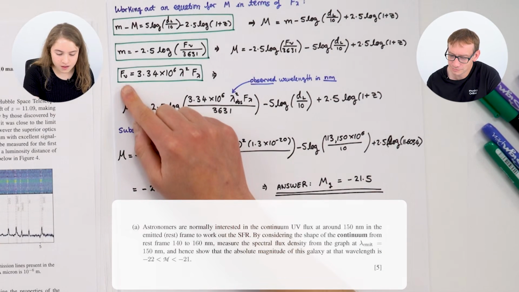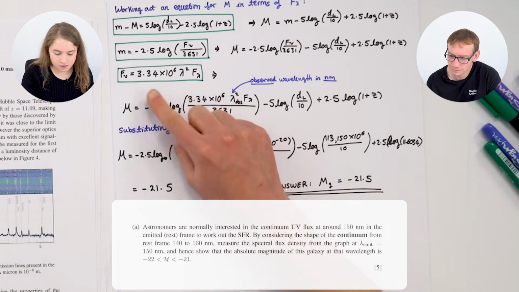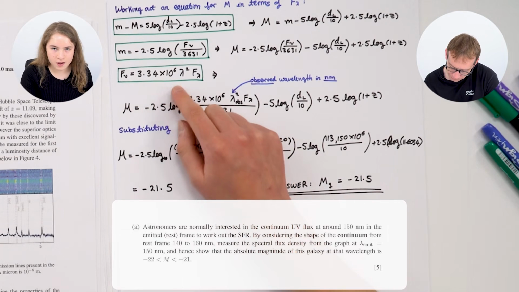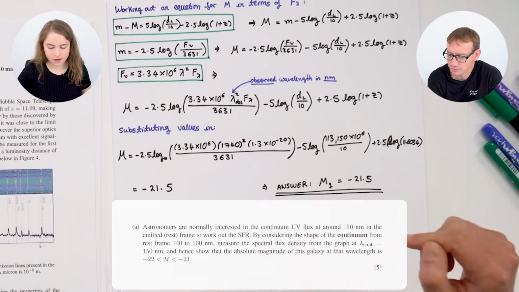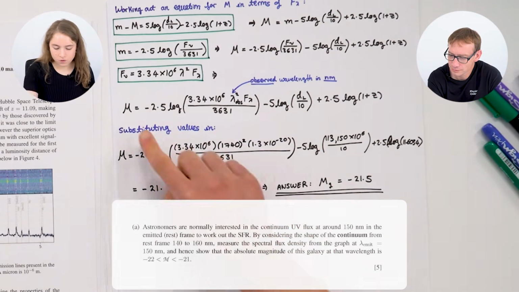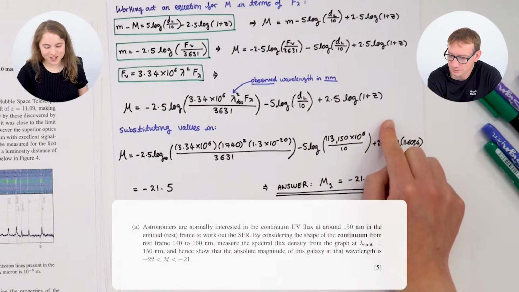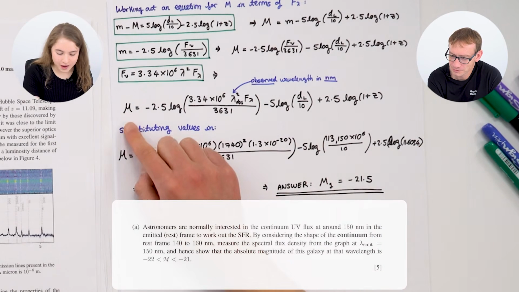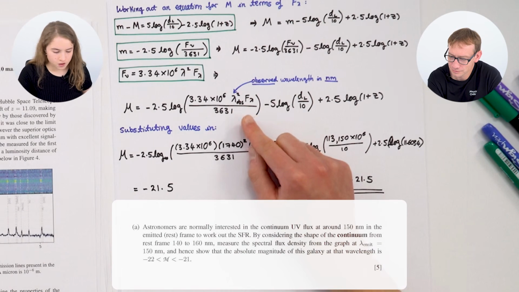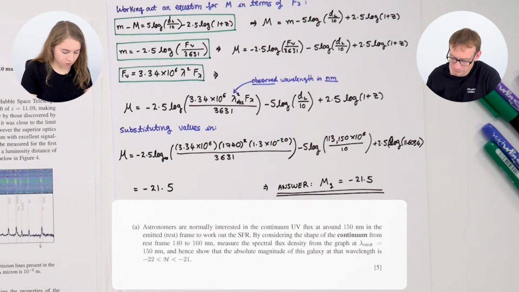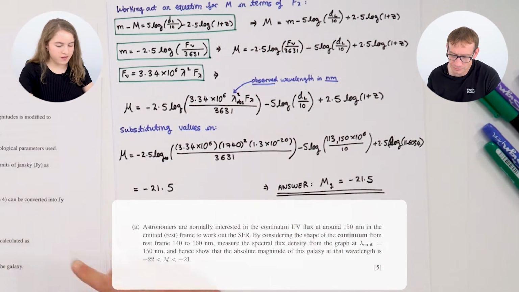We know that F nu is this factor times the wavelength squared times F lambda. So we substitute that in, and finally, we've got this mighty expression for the absolute magnitude in terms of the wavelength.